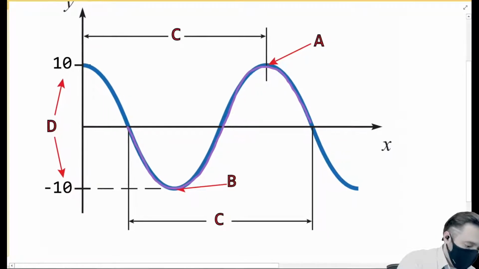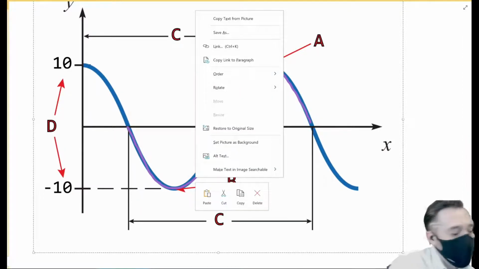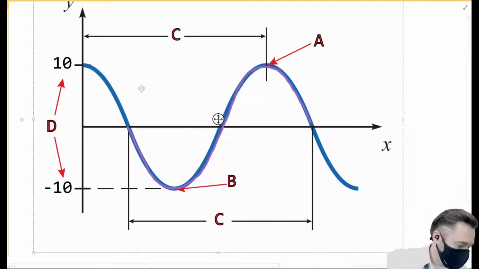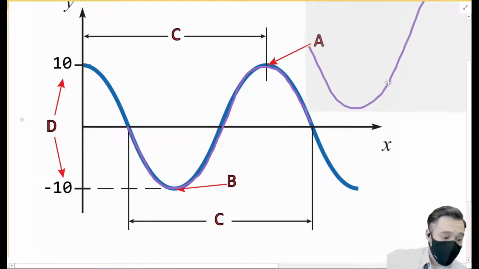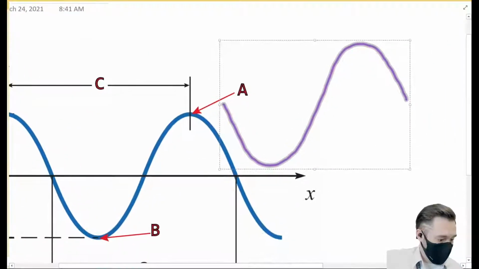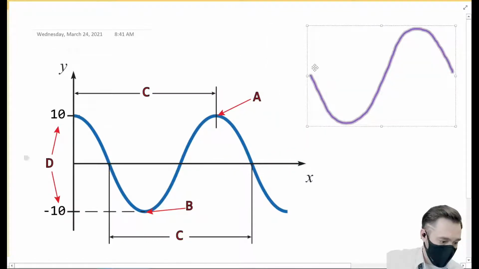So this is a wavelength. I can represent the wavelength like that, where it goes from the midline down to the trough, up to the peak, and then back down to the midline.